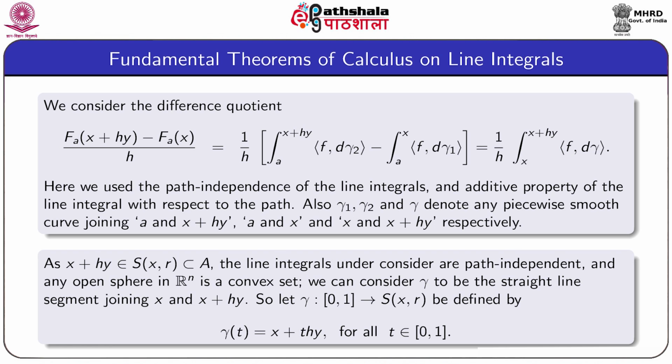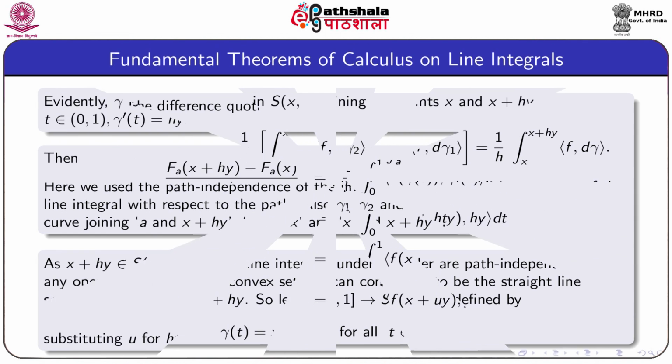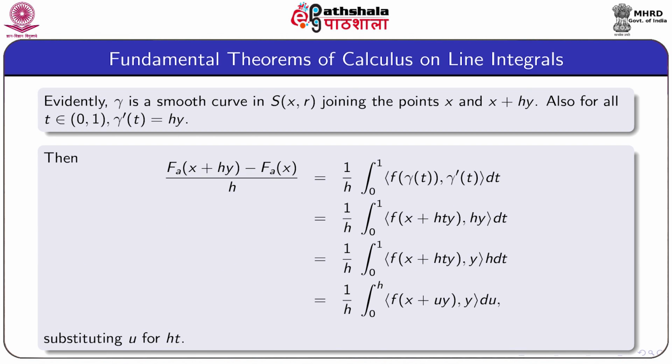Putting t equal to 0, we find that γ(0) is nothing but x, and putting t equal to 1, we find that γ(1) is nothing but x + hy. Evidently, γ is a smooth curve in S(x, r) joining the points x and x + hy. Moreover, for every t in the open interval (0, 1), γ'(t) equals hy.